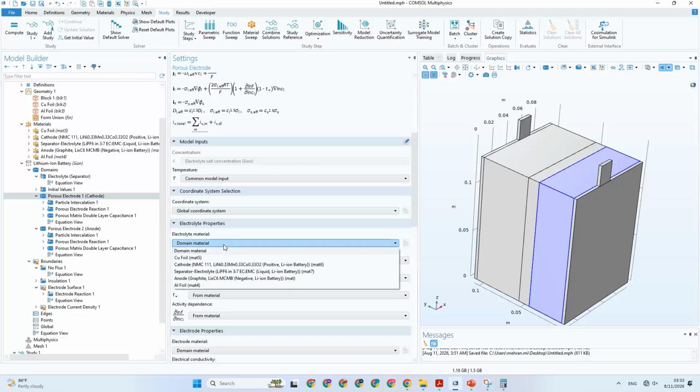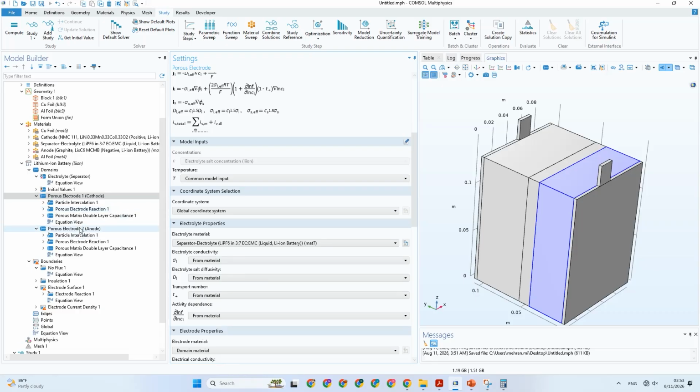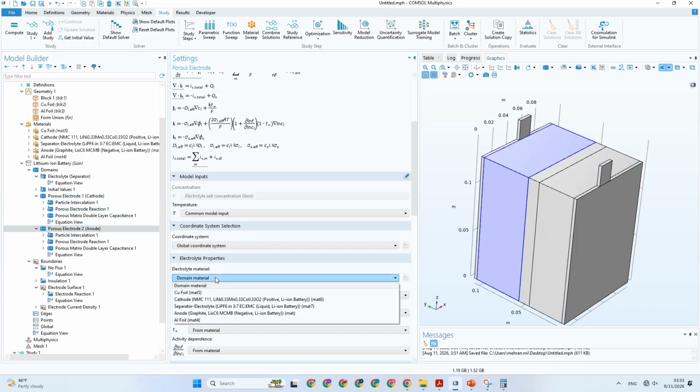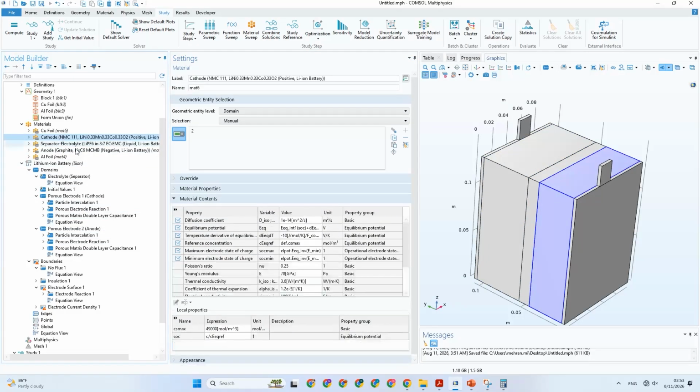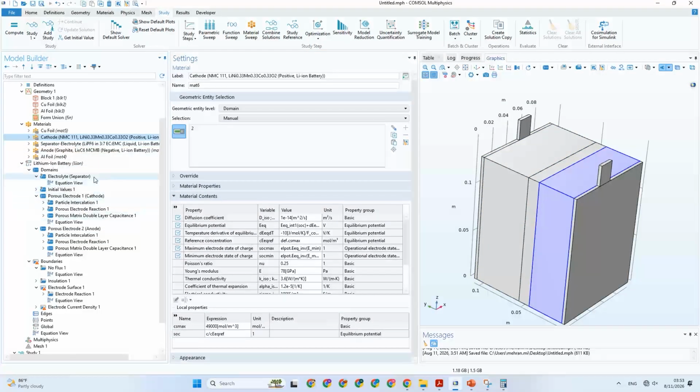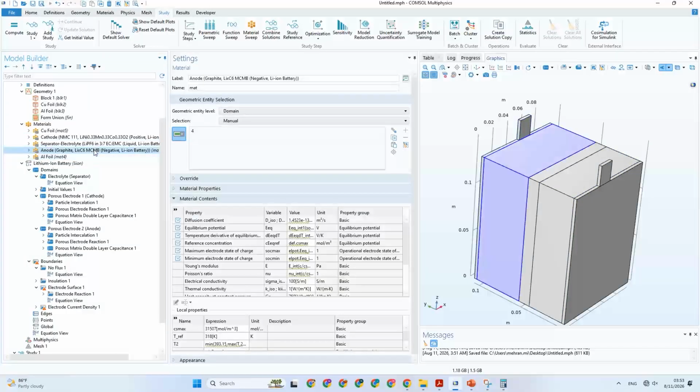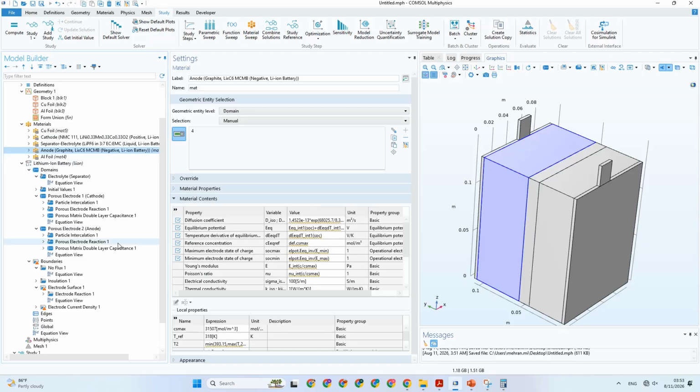It must be separator, and also for this it must be separator. Oh, now all of them are defined. Okay, very nice. But here we can see maybe SOC can be defined.